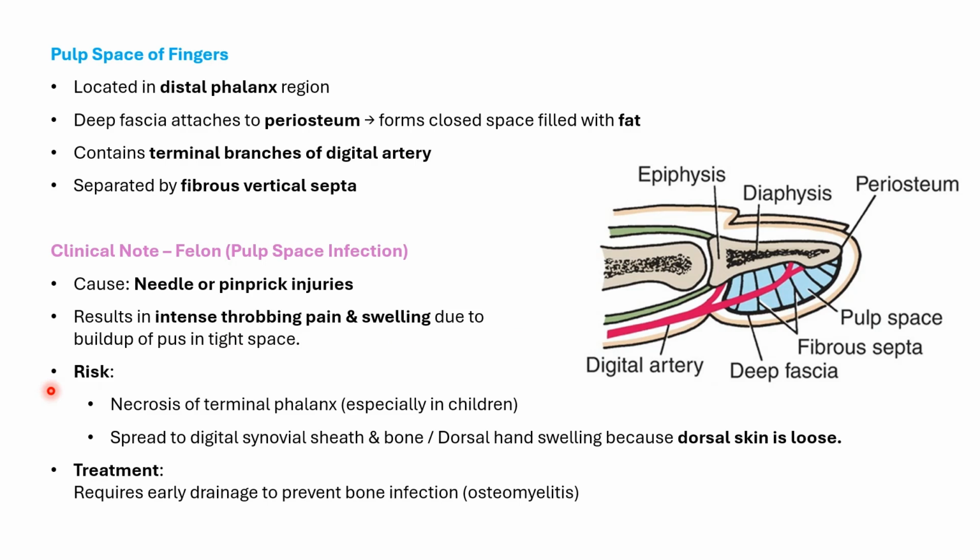It leads to two risks: necrosis of the terminal phalanx, especially in children, due to compression of the digital artery, and spread of infection to the digital synovial sheath and bone. It also leads to dorsal hand swelling because the dorsal skin is loose. Treatment requires early drainage to prevent bone infection, osteomyelitis.